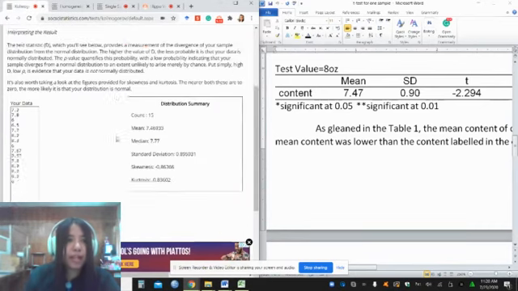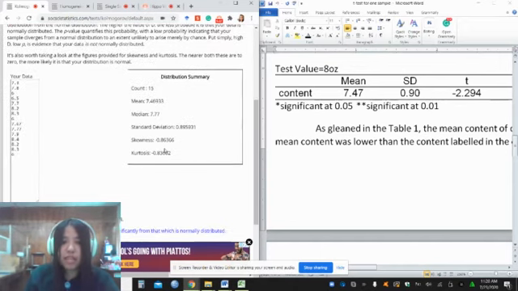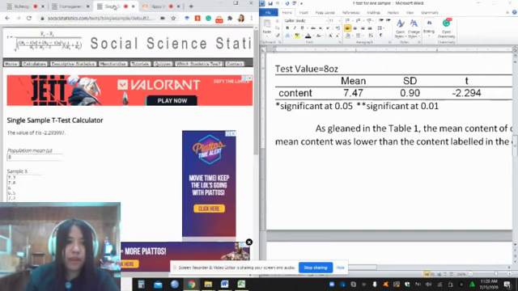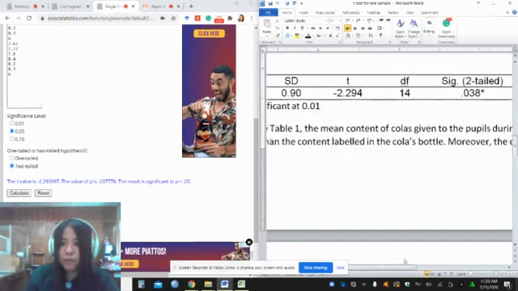Remember that when we use the Kolmogorov-Smirnov test of normality, it gives us the value of the mean. It's 7.47, standard deviation 0.895 or 0.90. And then for the t-value, as reported in the generated result, it is negative 2.294.